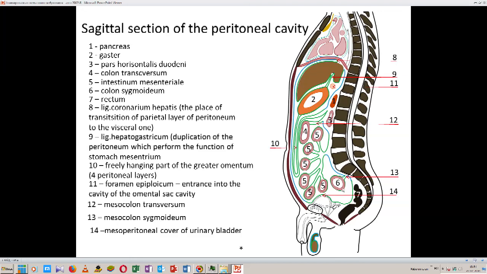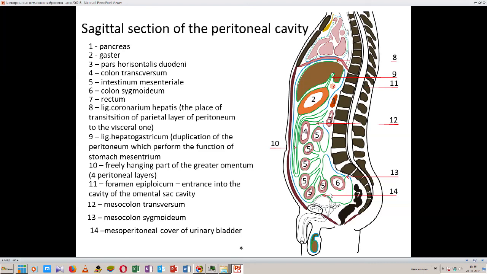And practically the peritoneal cavity is hermetically closed in male, but in female, the peritoneal cavity has 2 small openings which connect it with the external environment through the uterine tubes.